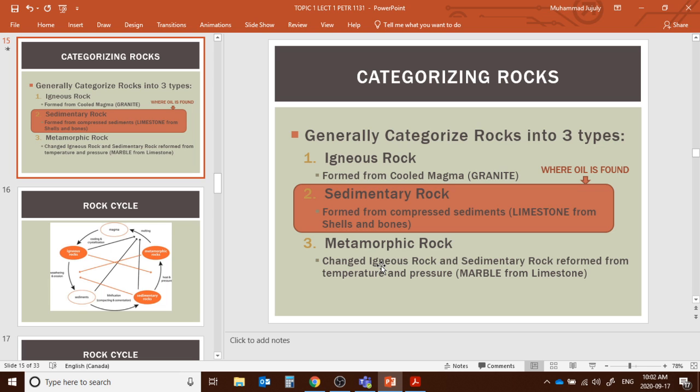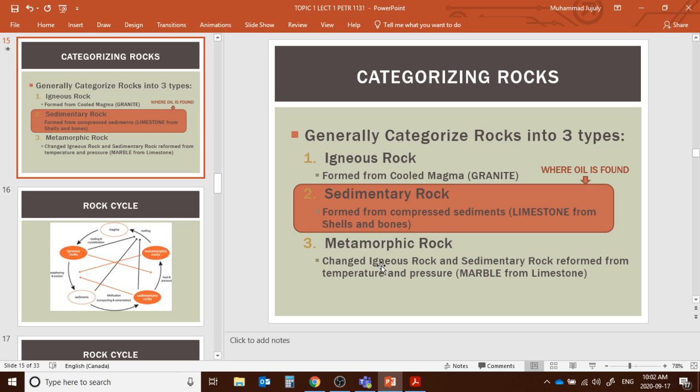There is another type of rock we call sedimentary rock. So how do these sedimentary rocks happen? Sedimentary rocks form through the compression of sediments. So what are the sediments? For instance, shells, bones, limestone. One example of sedimentary rock is limestone.